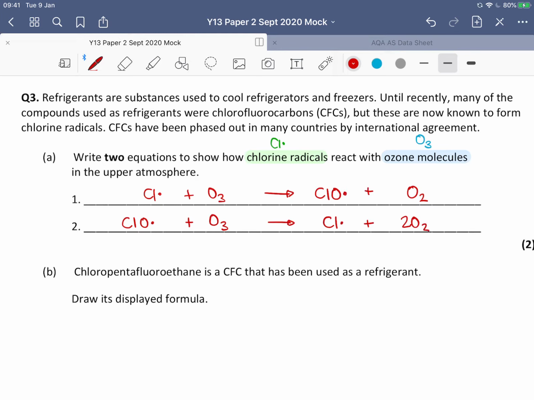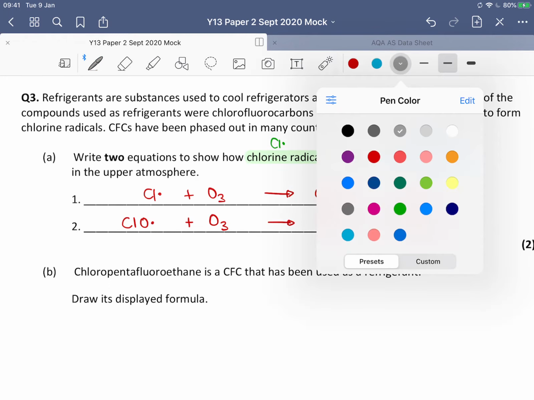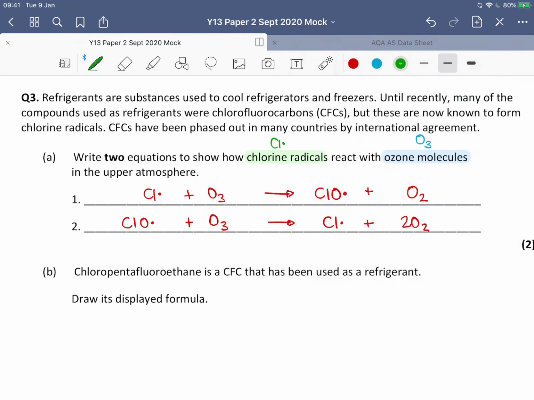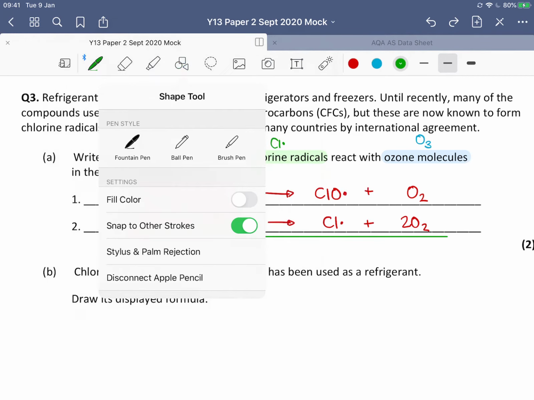Not that you have to do this, but one way of thinking about this is that when you have 2 equations like this, you can add them together. This is just to show you something that's important and useful. So if I now write every species on the left hand side, because that's what I'm doing, I'm adding them together.